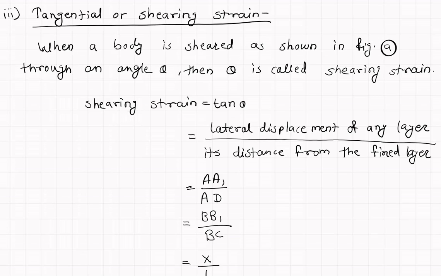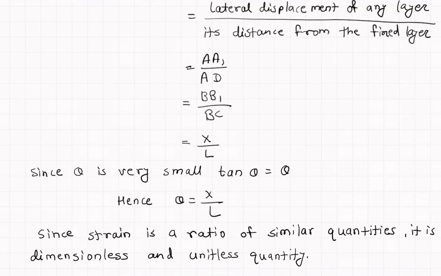As shown in the figure, the lateral displacement AA1 divided by its distance from the fixed layer AD, or BB1 divided by BC, or x divided by capital L. Since theta is very small, tan theta is equal to theta. Hence, theta is equal to x divided by L. Since strain is a ratio of similar quantities, it is a dimensionless and unitless quantity.